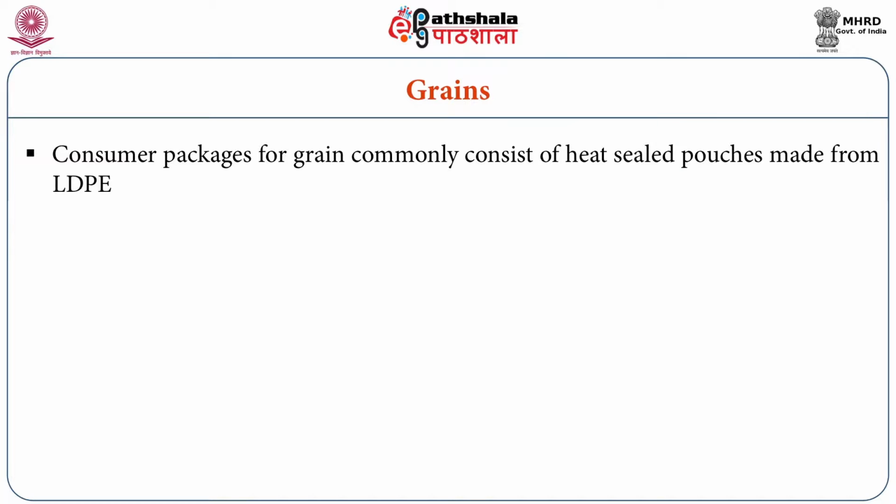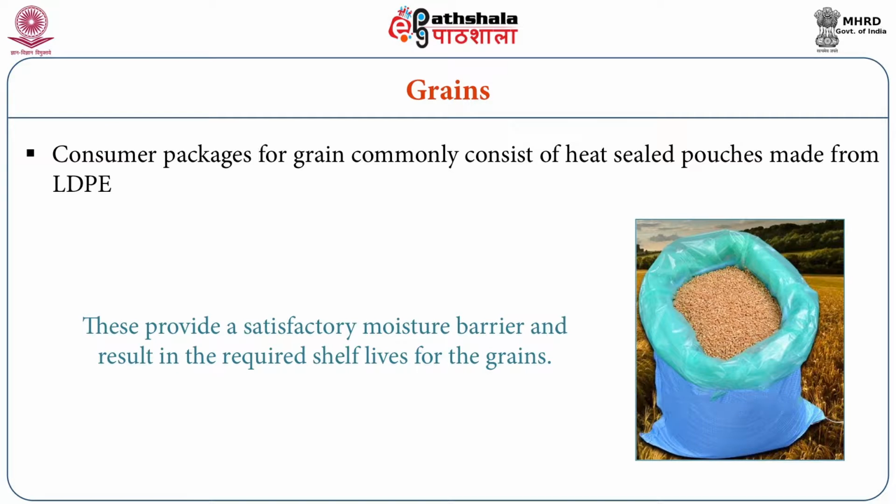Consumer packages for grain commonly consist of heat sealed pouches made from LDPE, that is low density polyethylene. This provides a satisfactory moisture barrier and results in the required shelf life of the grains.